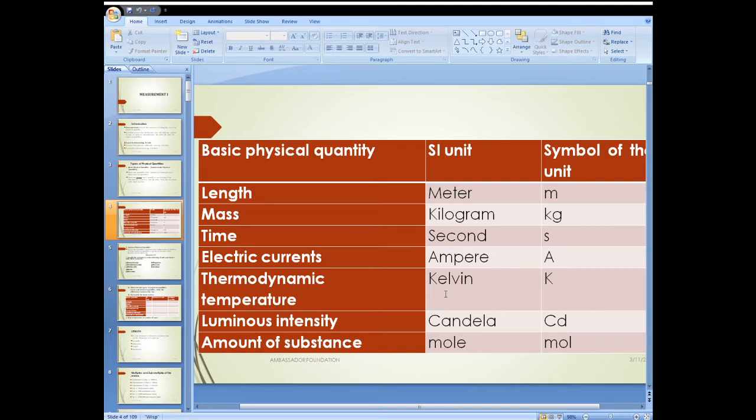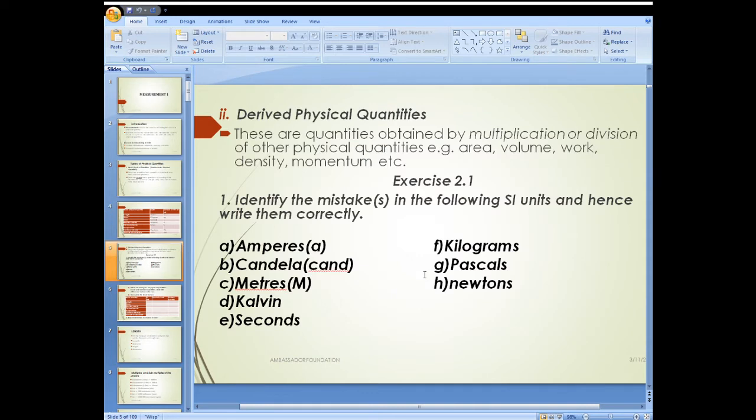These are the quantities that will later on make us derive other quantities, which we shall be calling derived quantities. Now, these derived physical quantities are only obtained through multiplication or division of other physical quantities.